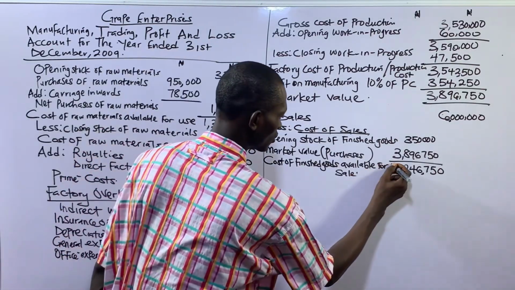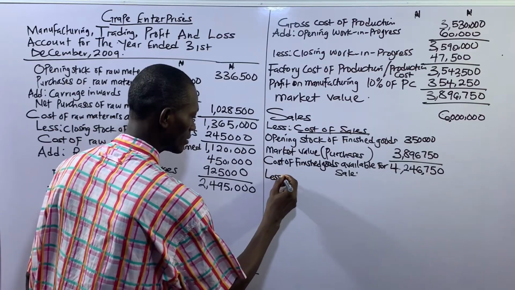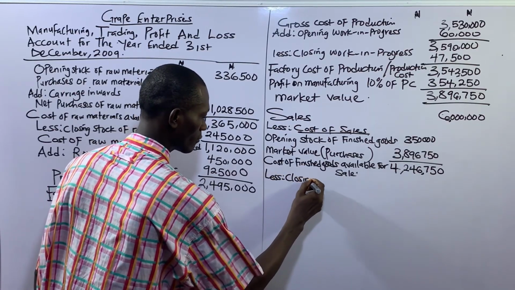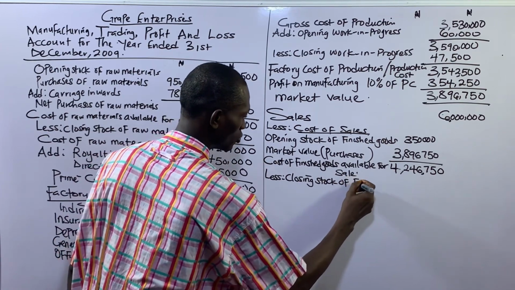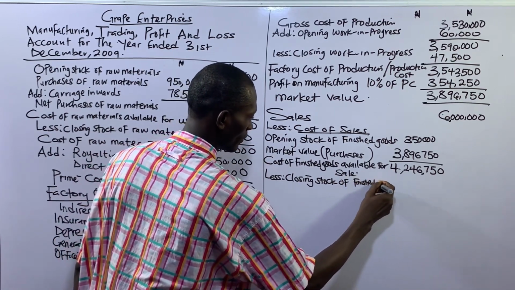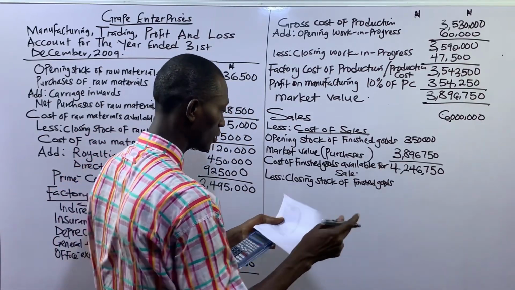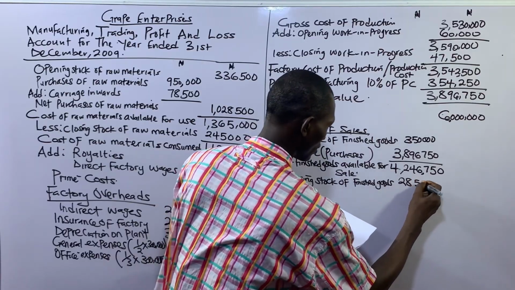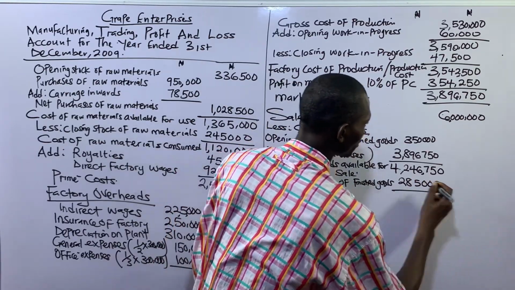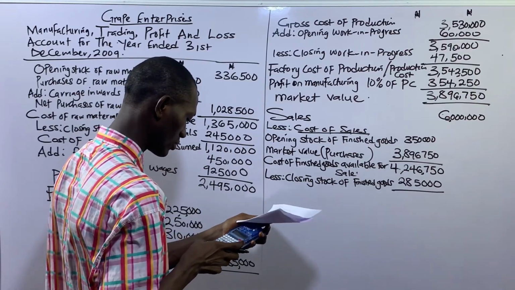Then we less our closing stock of finished goods. Towards the end of the question, we have 285,000. This is what we have. So we less it, minus 285,000.